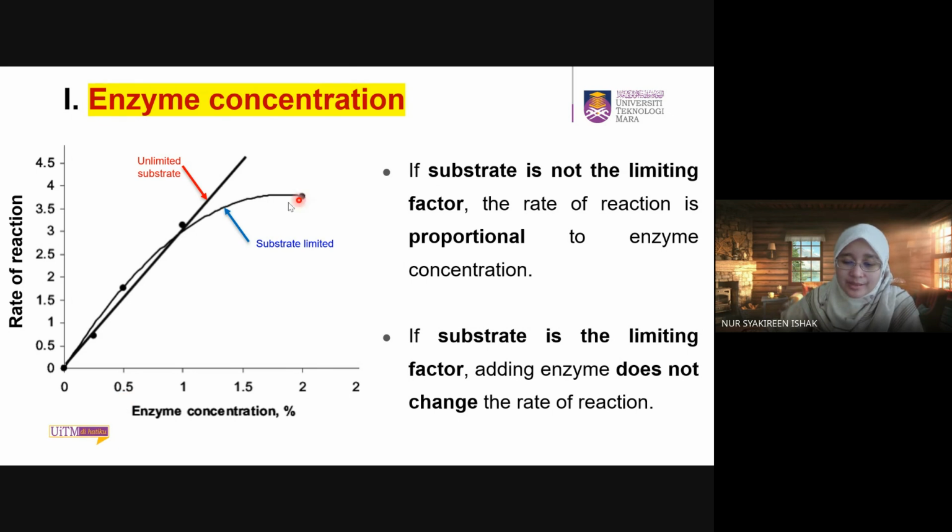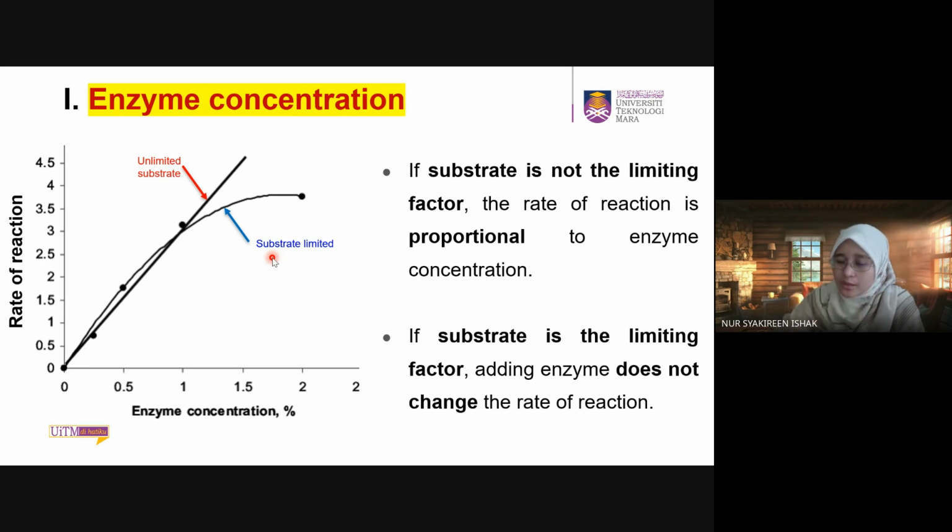But if the substrate is limited, you only have a certain amount of substrate added into the reaction. So as you increase the enzyme concentration, the rate of reaction increases, but up until a certain point where the reaction will reach a constant rate of reaction, because substrate is the limiting factor. You have a fixed amount of substrate.